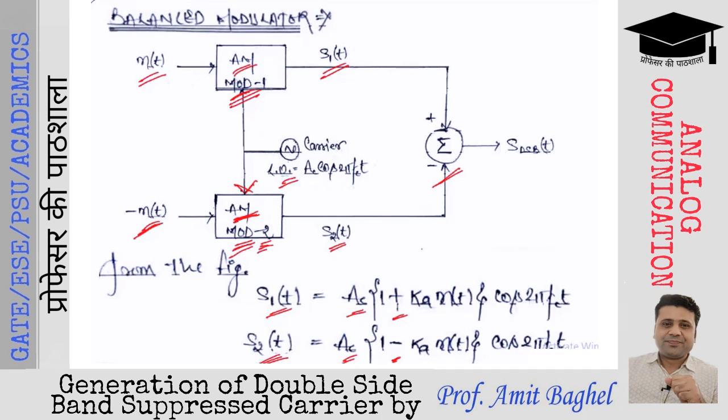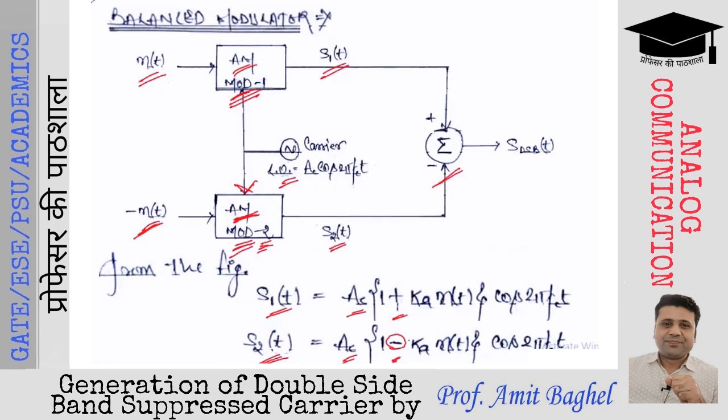This minus sign is because of minus of MT. स्टैंडर्ड एएम मॉड्यूलेटर के इनपुट में हमने माइनस एमटी इनपुट दिया है, therefore we are getting the minus sign in the mathematical expression of S of 2T.